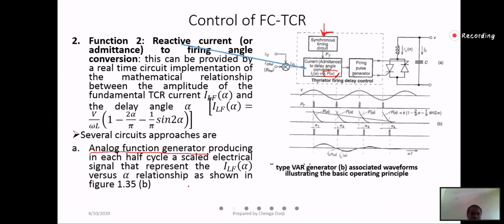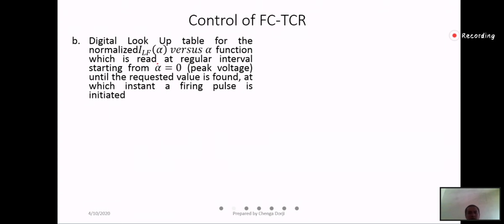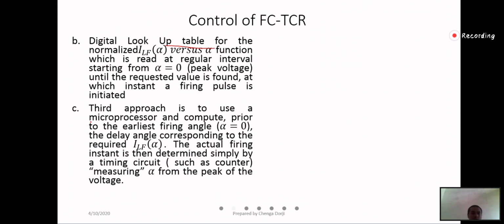The different methods of producing this reactive current are: first, a function generator; second, a digital lookup table; and third, a microprocessor kit.